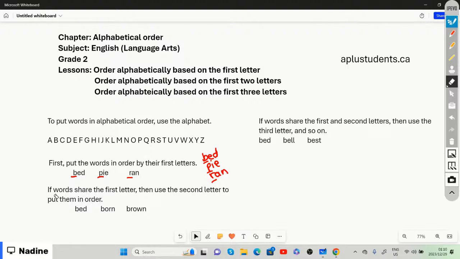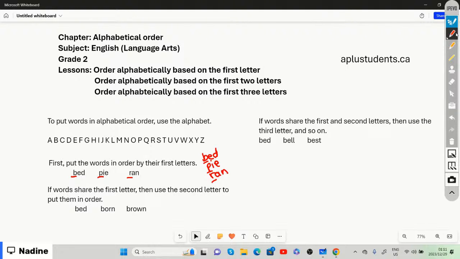And then if words share the first letter, right? So if words share the first letter, then we need to basically look at the second letter of each of those words, right? In order to put them in order.